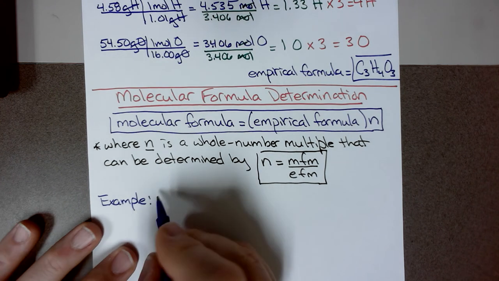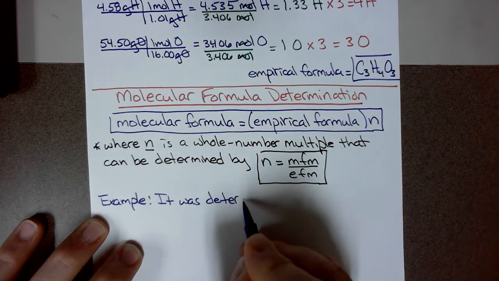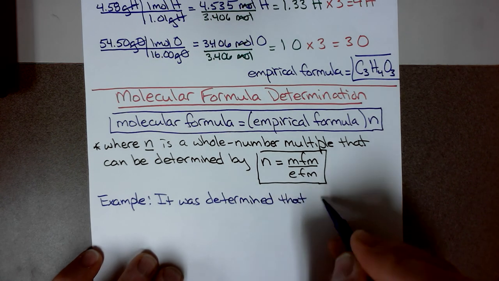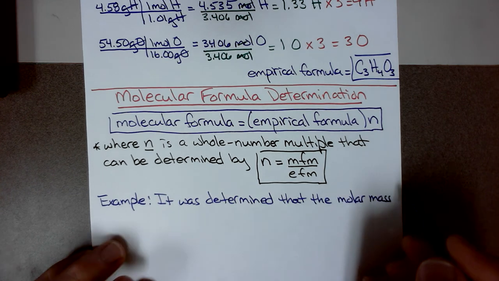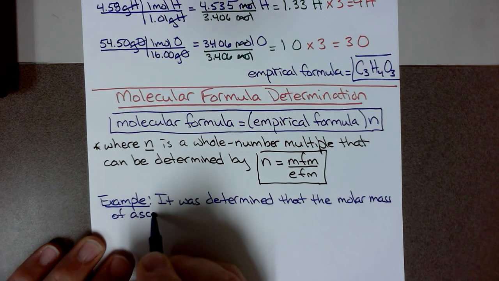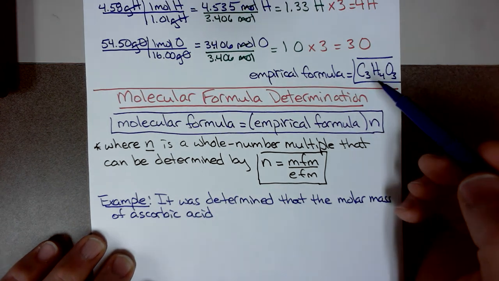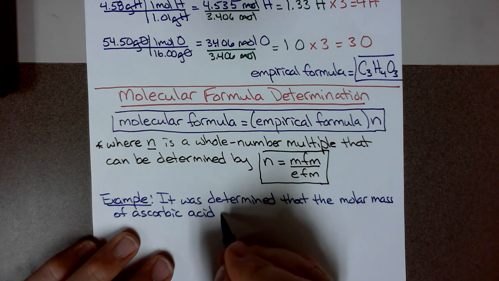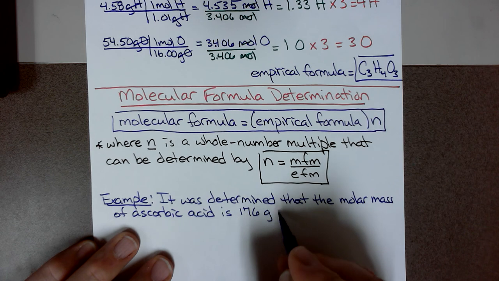It was determined that the molar mass of ascorbic acid, and remember, we just determined the empirical formula of ascorbic acid up here, but now it is determined that the molecular mass or molar mass of the molecule is 176 grams per mole.